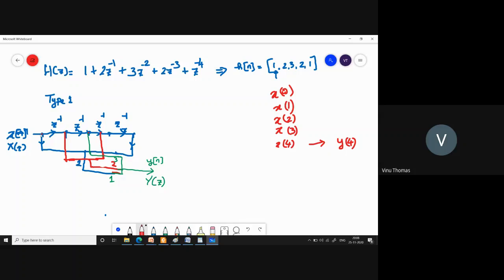A multiplier will mean you require a multiplier hardware in the overall circuit. That will result in more chip area.